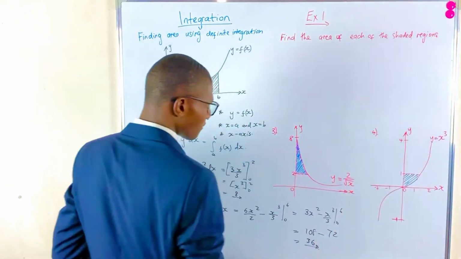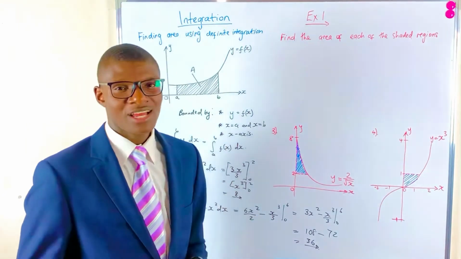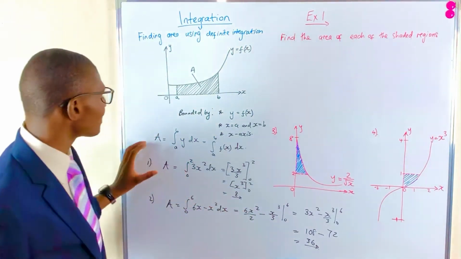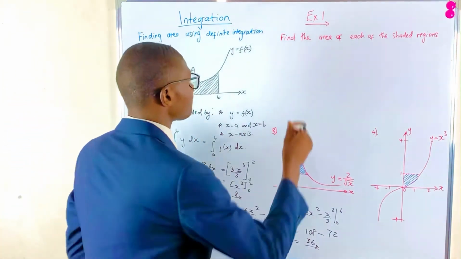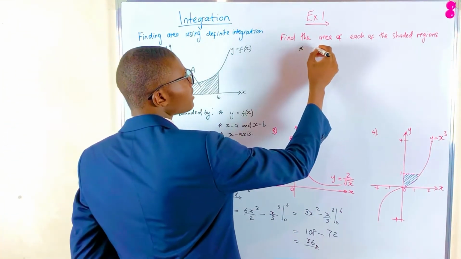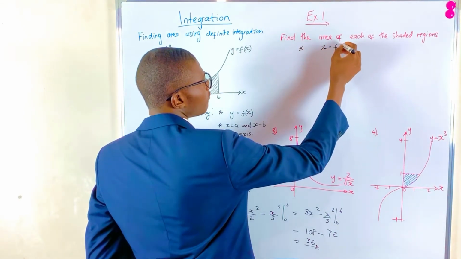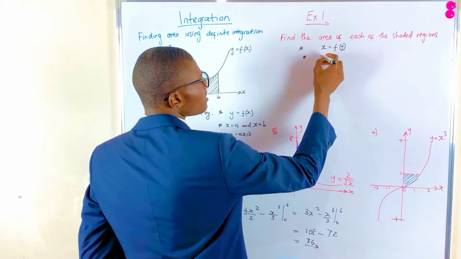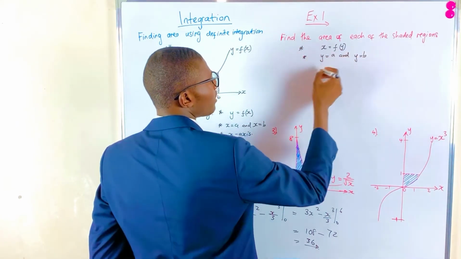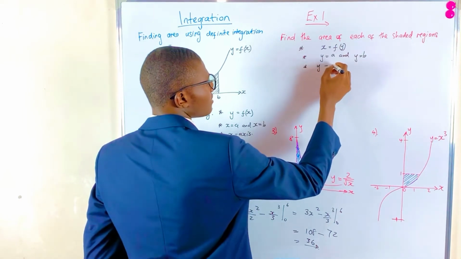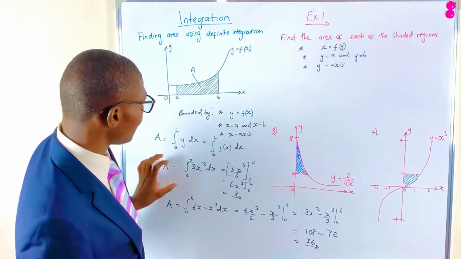Okay, so now for number 3, we need to calculate the area of the shaded region. But now we can use the same technique, right? If our area is bounded by the curve x is equal to f of y, the lines y is equal to a and y is equal to b, and then the y-axis, we can use the same technique here.